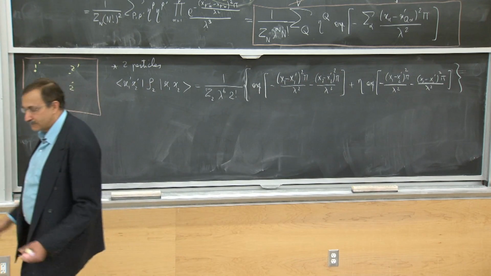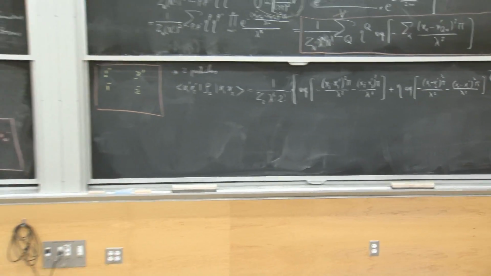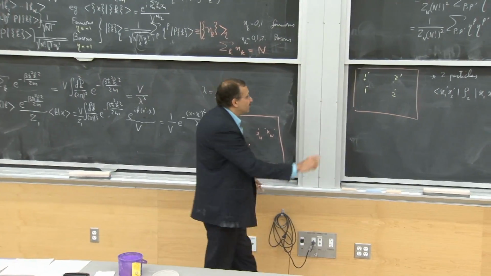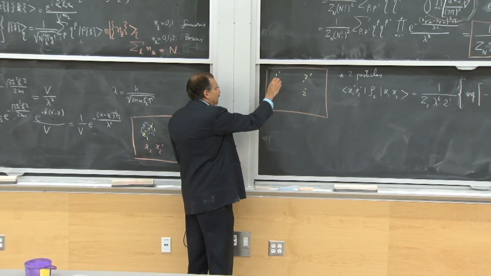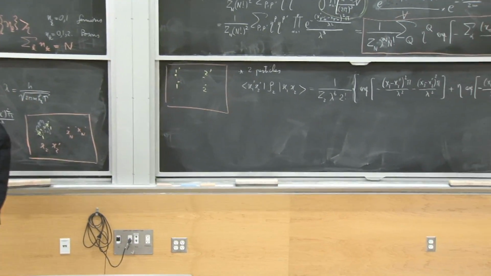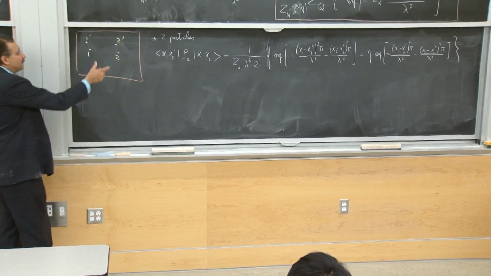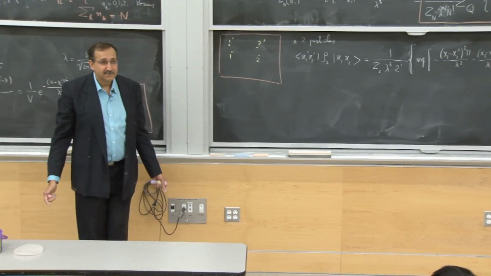Okay? So essentially, one of the terms, the first term, is just the square of what I had before for one particle. I take the one particle result, going from 1 to 1 prime, going from 2 to 2 prime, and multiply them together. But then you say, I can't tell apart 2 prime and 1 prime.